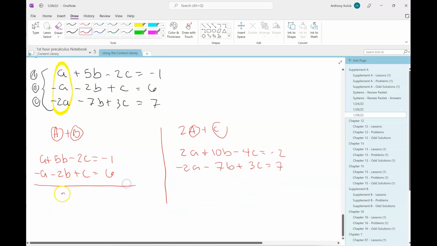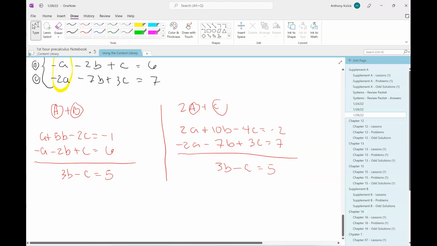Okay, so when I do that, I have 3b minus c is equal to 5. When I do this, I have 3b minus c is equal to 5. And at this point, do we even really need to say it?